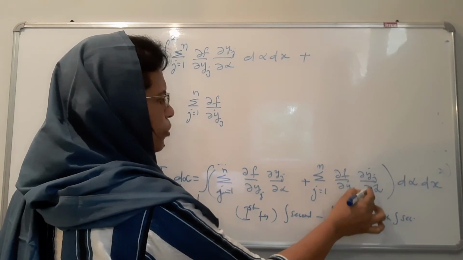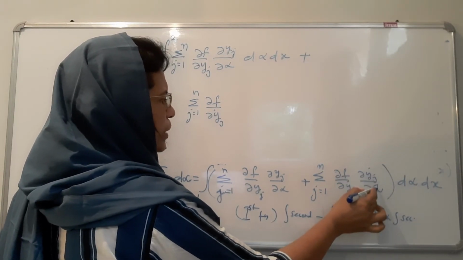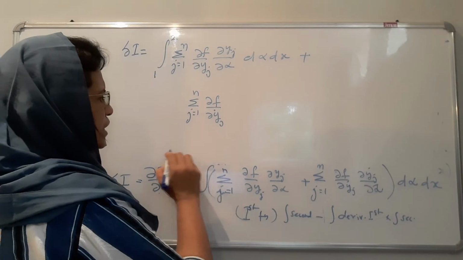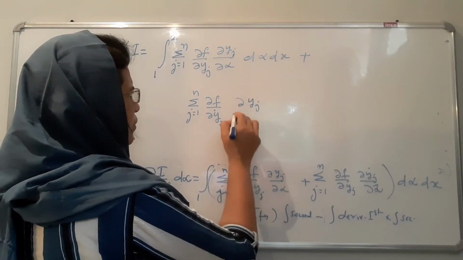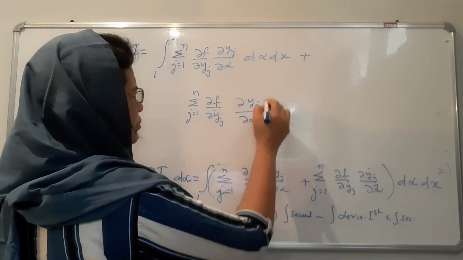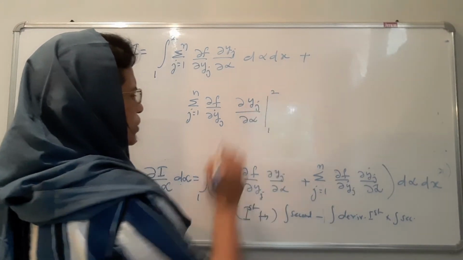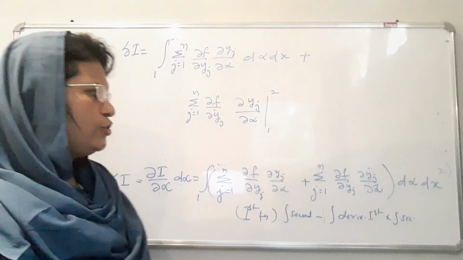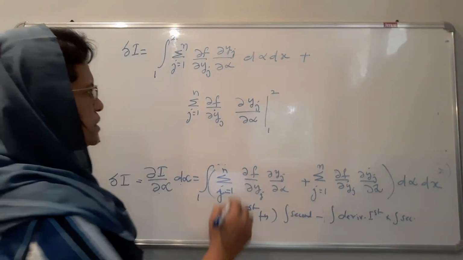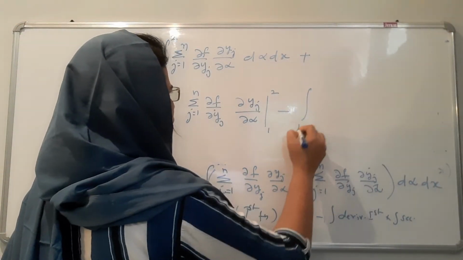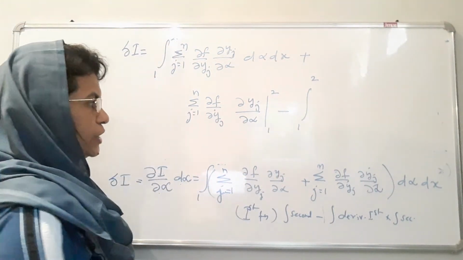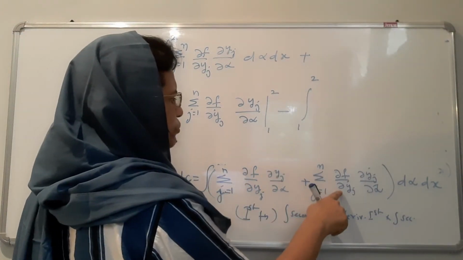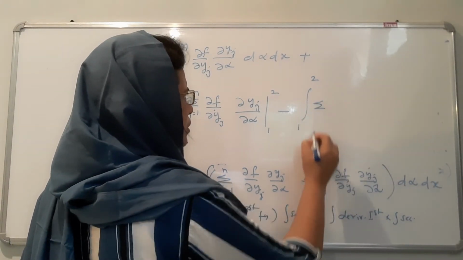∂yj dot means ∂/∂α of ∂y/∂x. Therefore, integral of second means ∂yj divided by ∂α from 1 to 2. First function into integral of second minus integral with respect to x of the derivative of the first, sigma j.